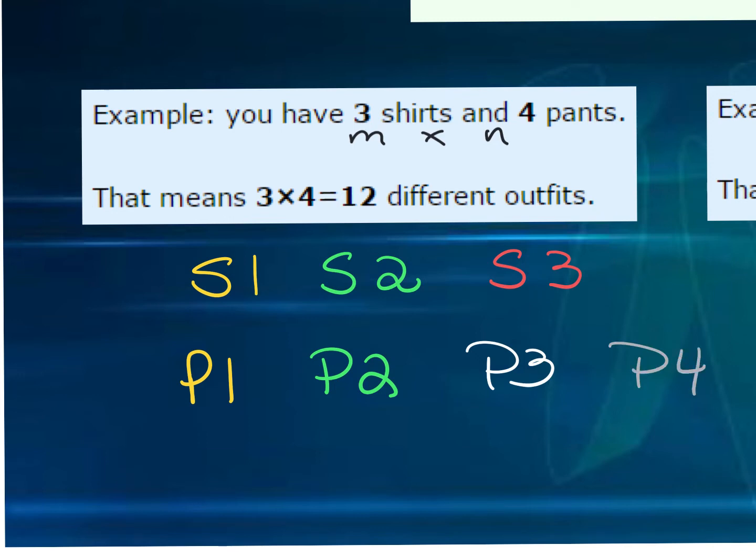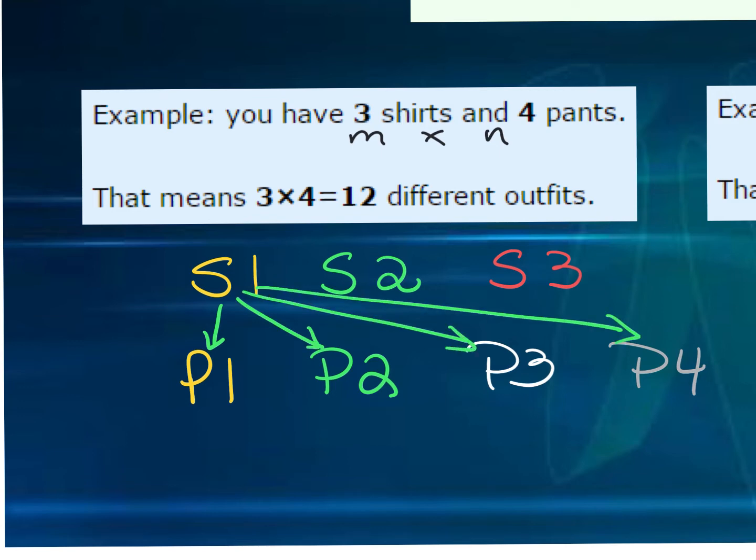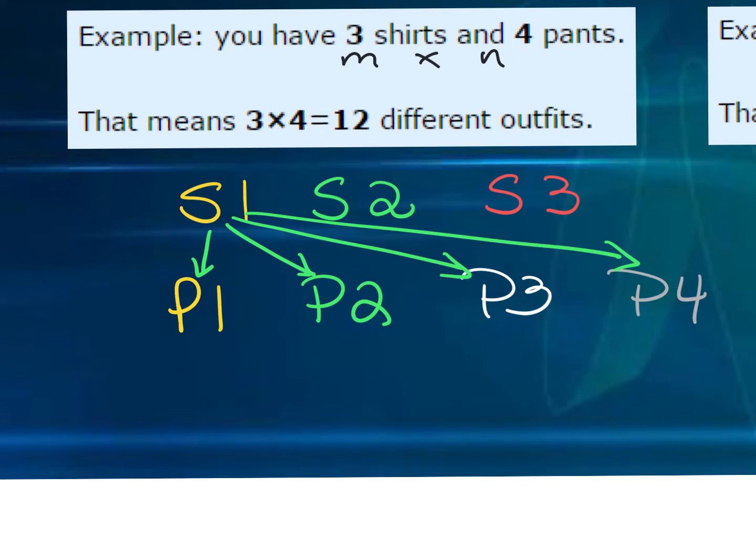So you could make a combination, and you could say, well, I could put the yellow shirt with the yellow pants, or the yellow shirt with the green pants, the white pants, and the gray pants. So using my yellow shirt, I've got 4 different outfits I can make with the 4 different pairs of pants. Then you can go through and do the same thing with the green shirt.